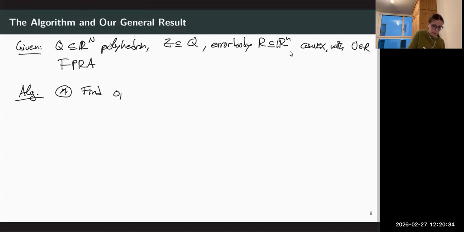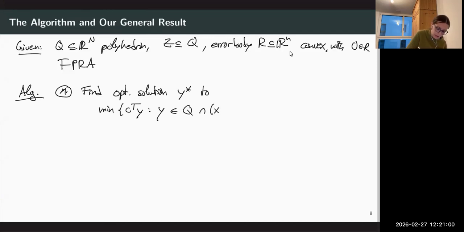We find an optimum solution y star to the problem of minimizing c transposed y such that y is an element of Q intersected with x minus R. The only thing that we need about this error body is that this is a problem that we can solve.